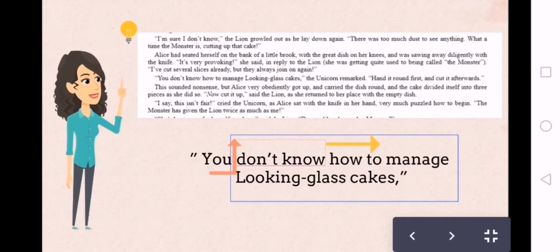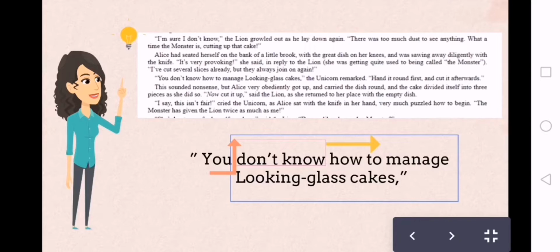"You don't know how to manage looking glass cakes." That is another complex sentence, with "you" as the subject and "don't know how to manage looking glass cakes" as the predicate. "Don't know" will be the conjugated verb.